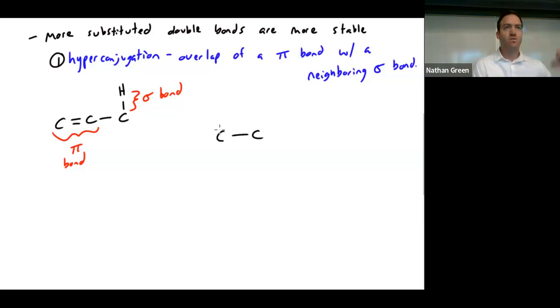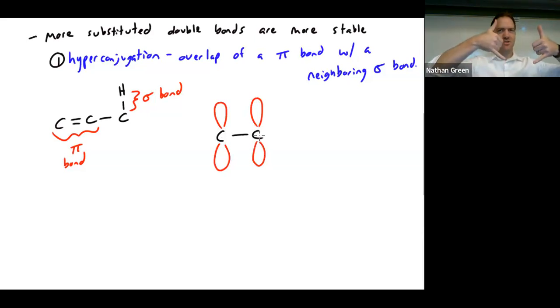A pi bond is what orbital overlapping with what other orbital? P orbital here and a P orbital here. So this is a P orbital on this side, that's a P orbital on this side.